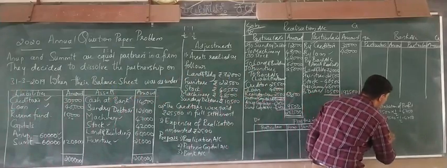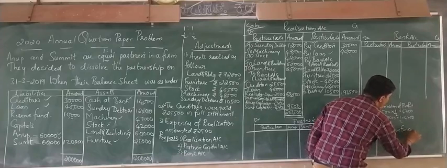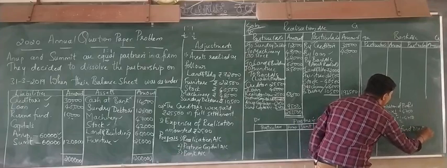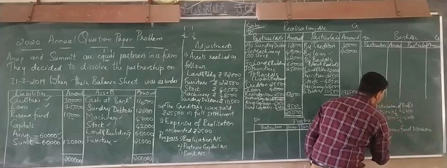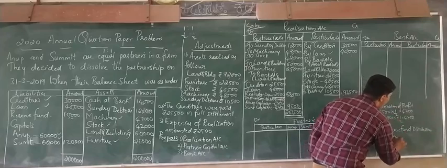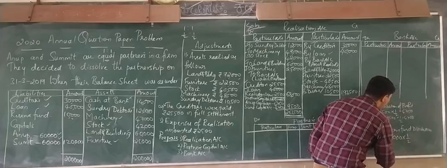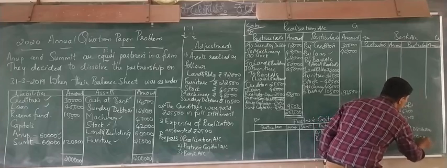So reserve fund distribution. You just need to show that. That is 10,000 into 1 divided by 2, that is Anup. So the value is 5,000.